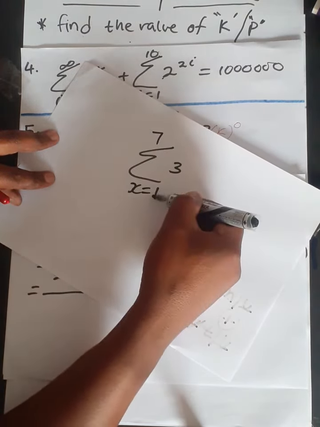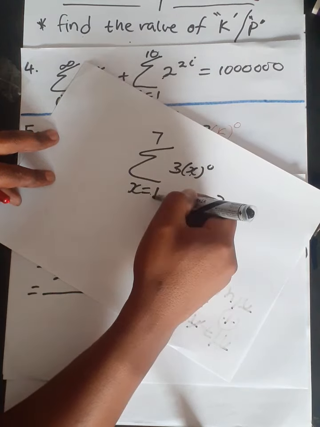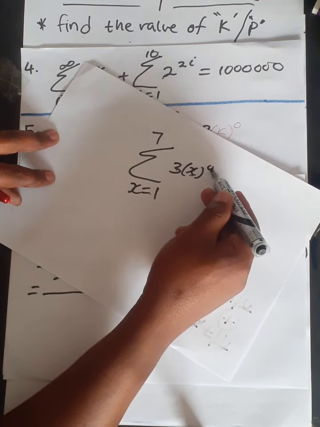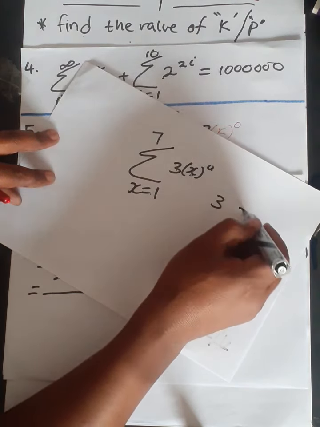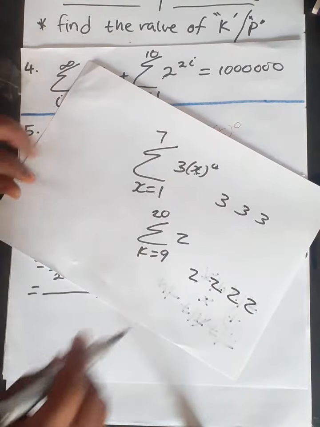Sithatha u1 simfaka esikhundleni sa-x. 1 raised by 0 it's 1. 1 times 3 is 3. Sithatha u2 faka esikhundleni sa-x. 2 raised by 0 it's 1. 1 times 3 ke u3. Sithatha u3 simfaka la. 3 raised by 0 is 1. Yabo? 1 times 3 u3. So uyazi ukuthi if lento le wathola into enje mhlambe k equals to 9 uzophuma uz, ufaka u10 uphuma uz, yabo kuzolandelana kanjalo.